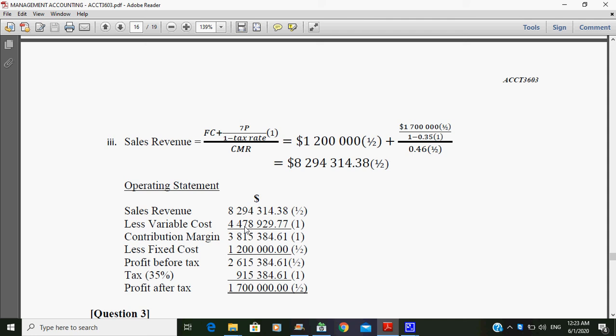You get 4,478,929.77. Alright. Then subtract this now from sales revenue, you get contribution margin. Then less fixed cost, you get a profit before tax. Then now you're going to multiply this figure by 35%. You get 915. Subtract it, you get what? 1.7 million. That's it.